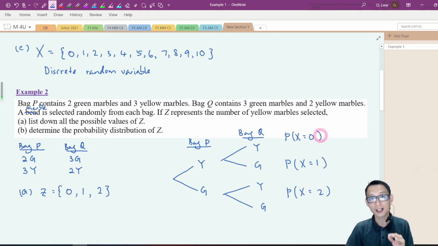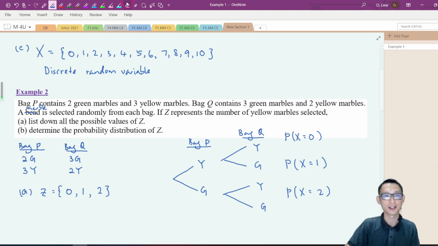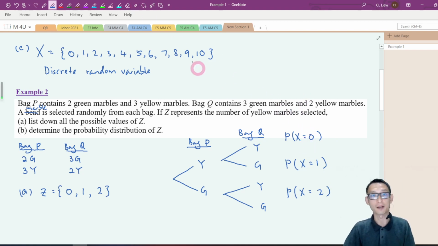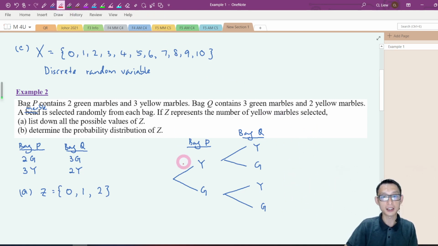If we calculate correctly, when we sum these 3 probabilities, you will get 1. Now let's see, how do we find the probability for each of them? It's actually very simple. Before this, let me first fill in the probability of getting yellow marbles and green marbles here.